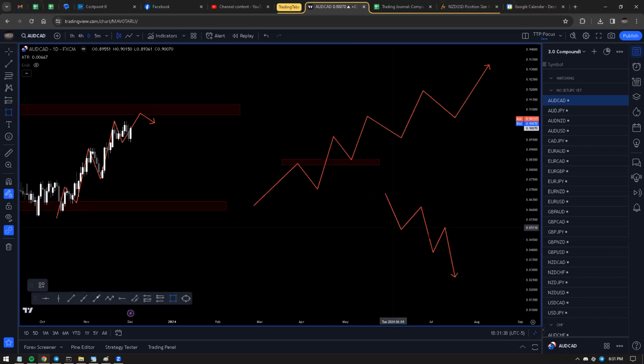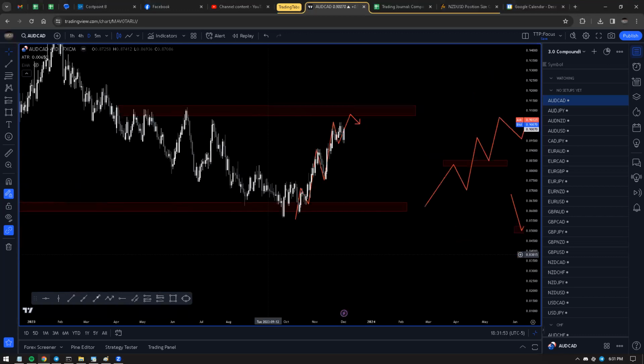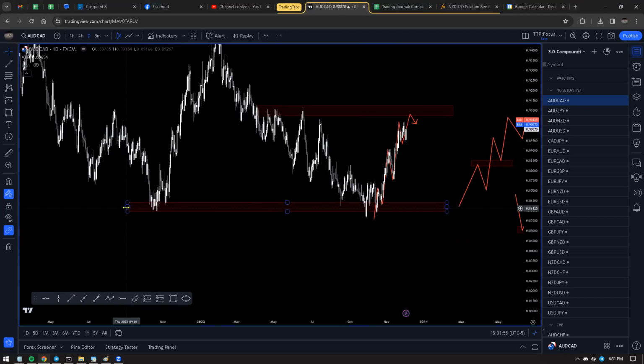I'm looking for about 50% of the previous retracement, as well as somewhere in and around the area of the low that was created. And that's another thing you've got to think about: these are areas that you're looking at. So when I talked about this support area that was here, as you can see, sometimes it didn't make it all the way into the support area.